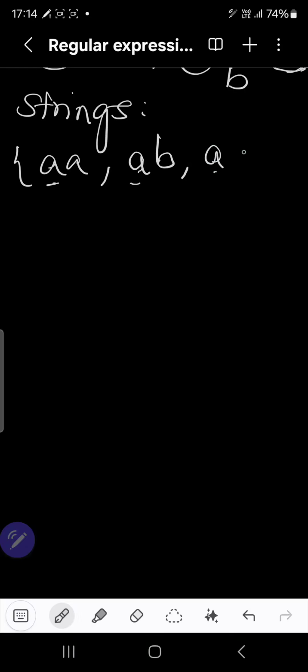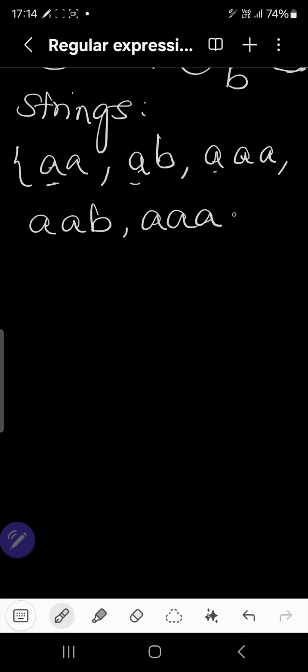So we can write A. This is also possible, because in this string also the second character from the right is an A. We can write AAB. This is also a possible string, because here also the second character from the right is an A. In this string the last character is B, but what we are concerned with is that the second character from the right should be an A. We can also write BAA.